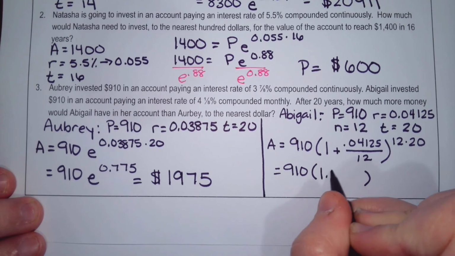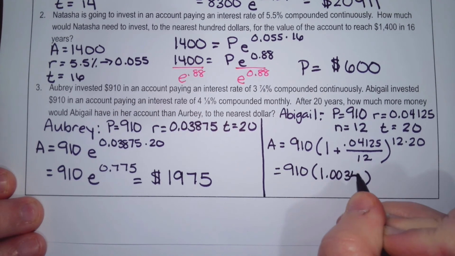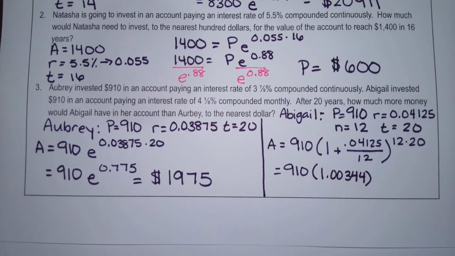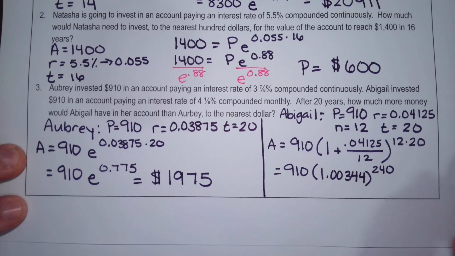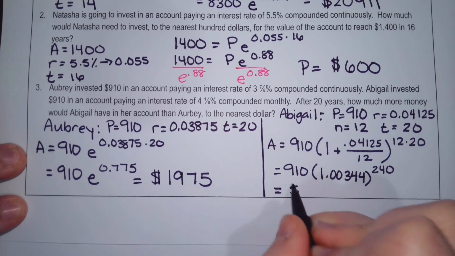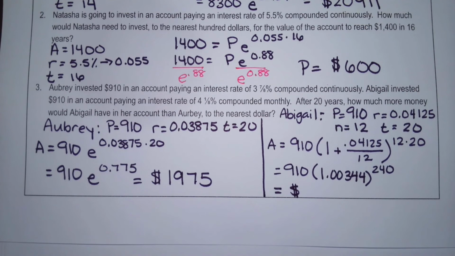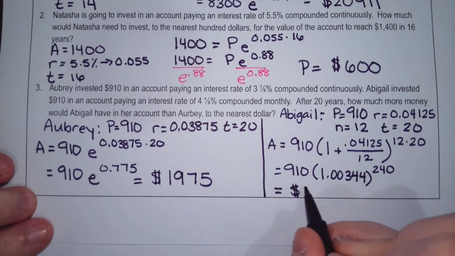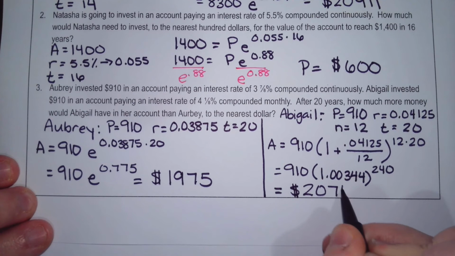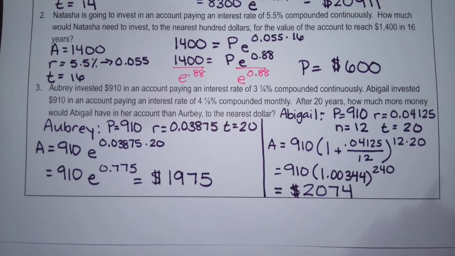So we have 1.00344, 12 times 20 is 240. And then now we just have to plug this all into our calculator, times 910. And we get $2,074. So Abigail has the most amount of money.